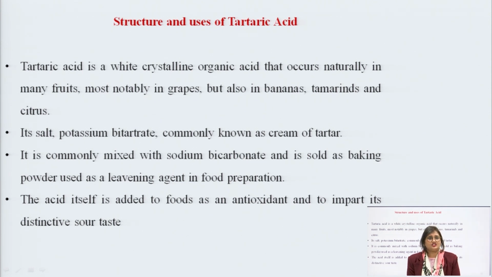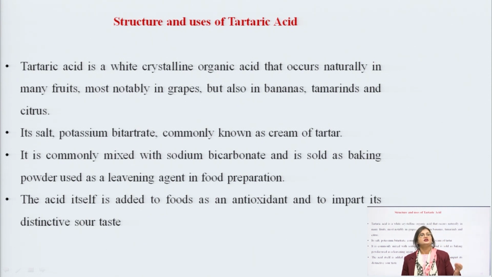It is commonly mixed with sodium bicarbonate and sold as baking powder. It is used as a leavening agent in food preparation. The acid itself is added to food as an antioxidant and to impart a distinctive sour taste. So, what are the various uses of tartaric acid?